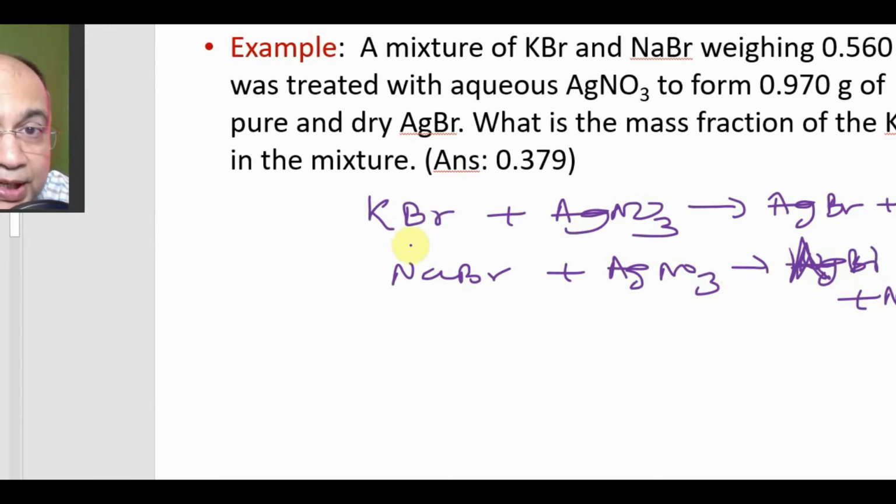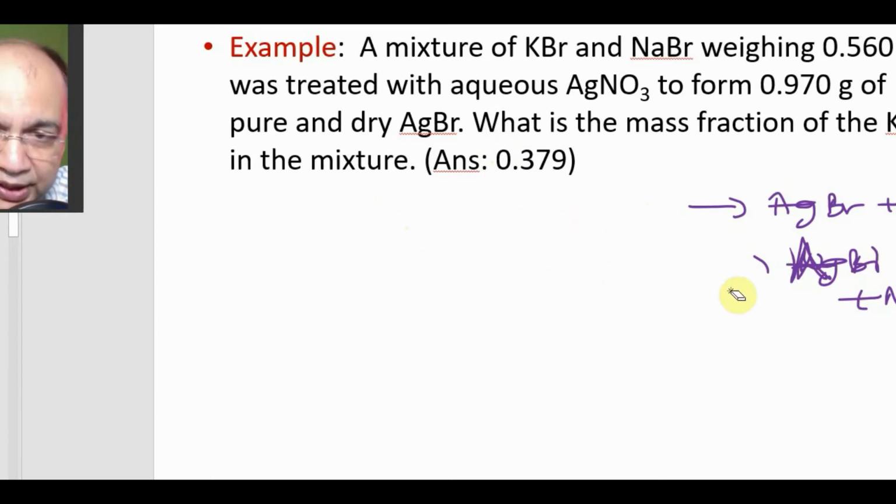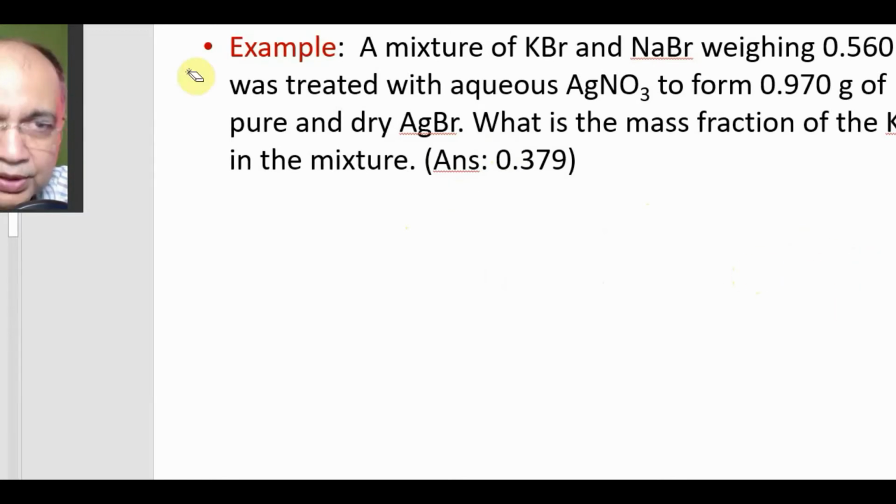Then we solve, taking this as x, finding the amount of AgBr, and taking this as something minus x and finding the mass of AgBr. Then we add them together and equate to the mass of silver bromide produced. So it was time consuming. Instead of that, we can put the two reactants together in one simple equation.